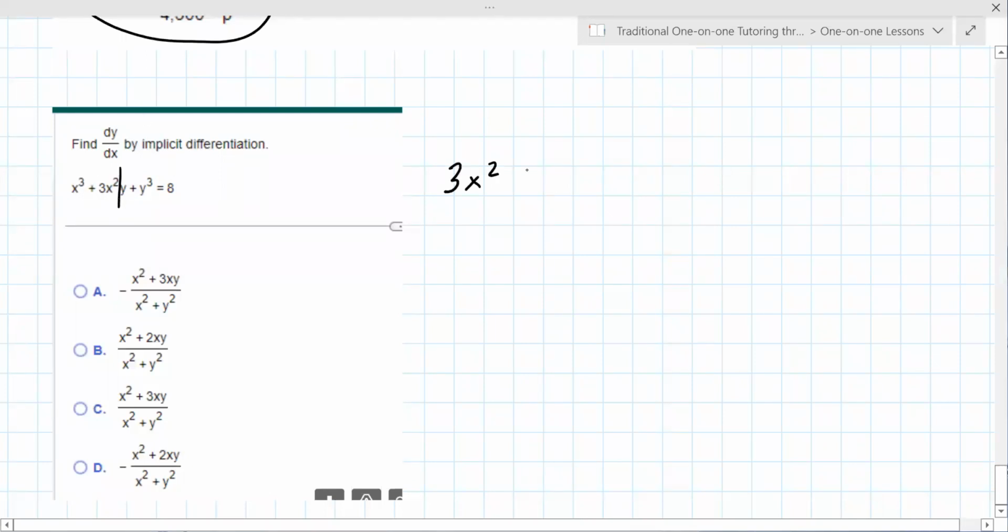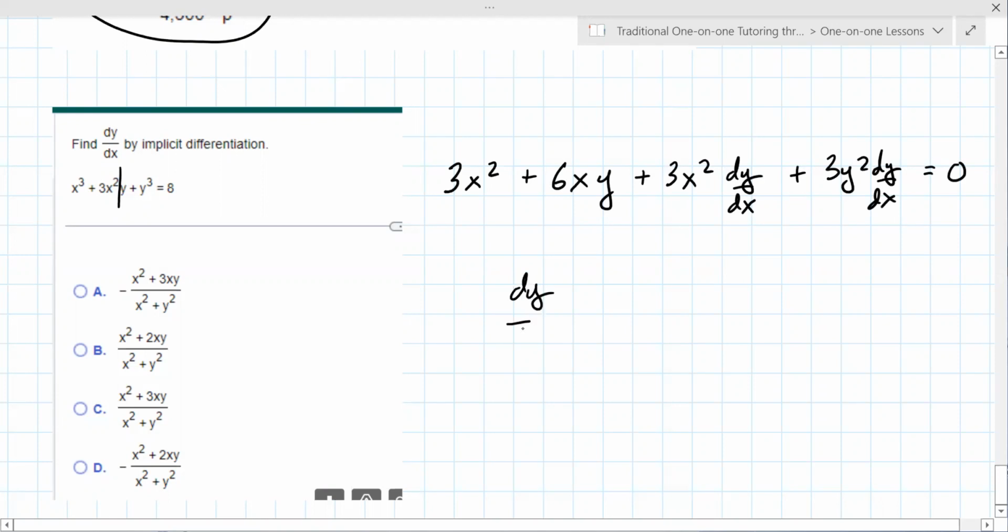So it's the derivative of the first times the second plus keep the first times the derivative of the second, which is your dy/dx, and then the y cubed is 3y squared times dy/dx, and the derivative of the constant is 0. So you organize terms. Just going to run through the algebra here pretty quickly.